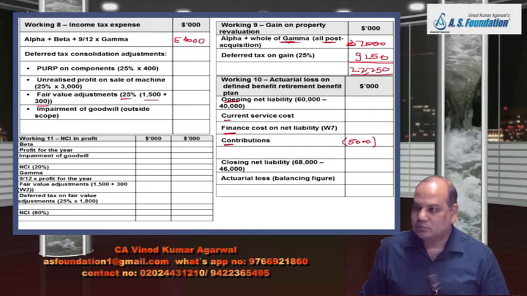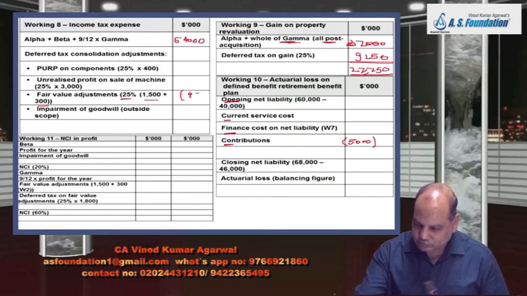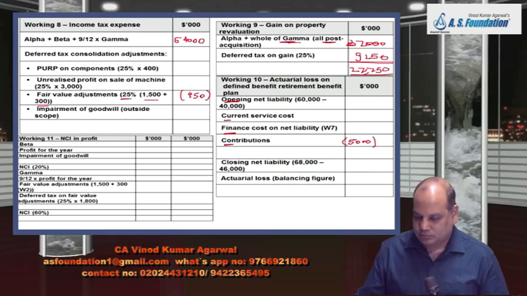How much is that? 450. Impairment of goodwill, right here dash, outside the scope.